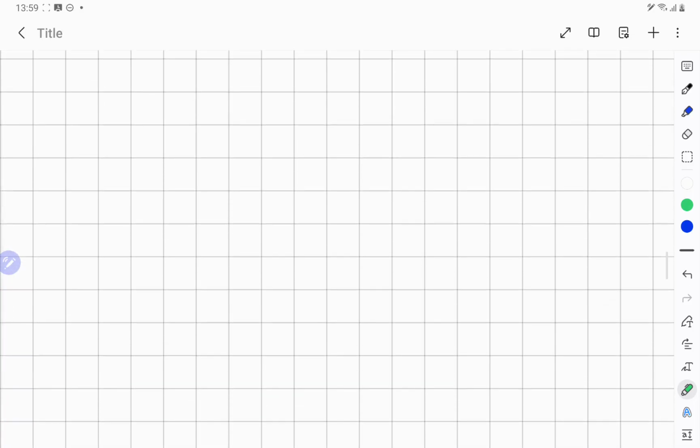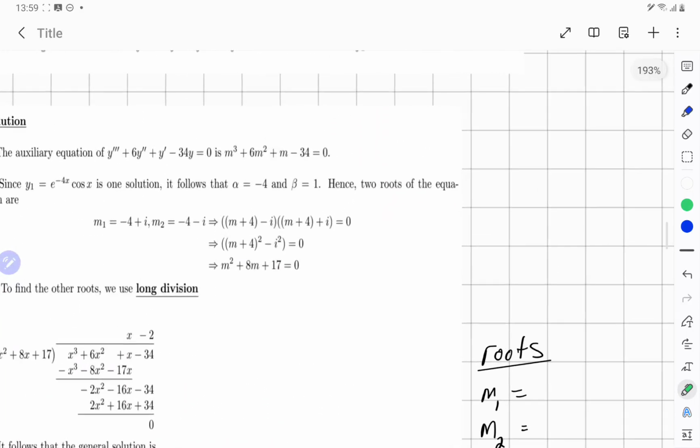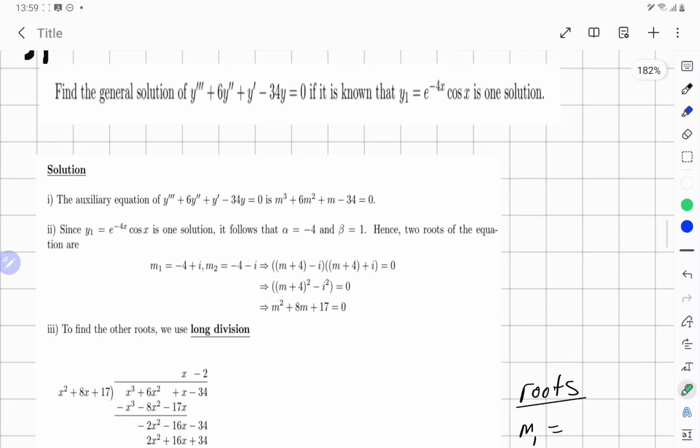So we are on our third and last example. Let's go through it together quickly. In this case, they now give us a third order differential equation. They just give us one solution.